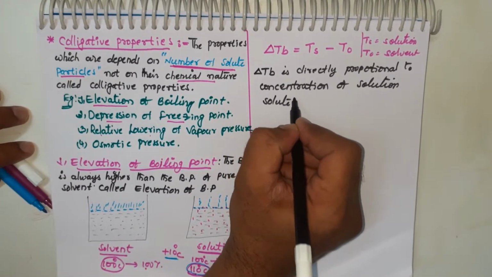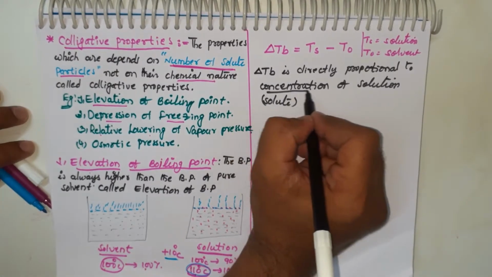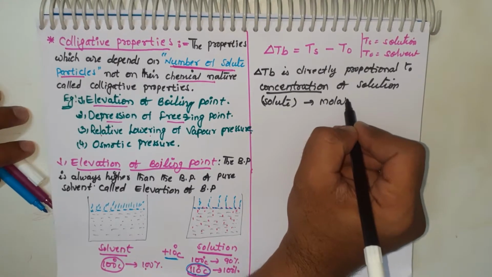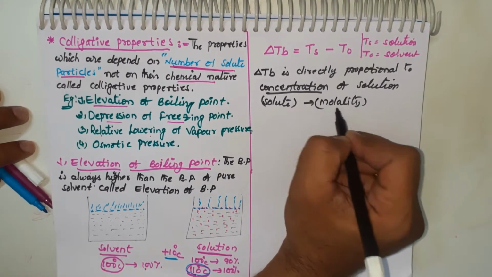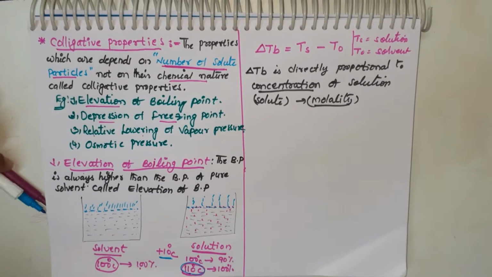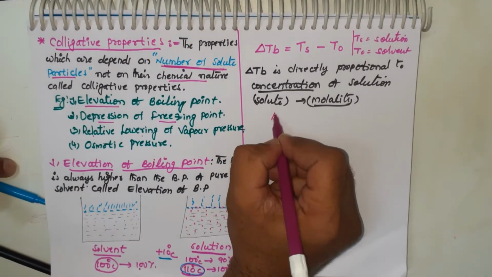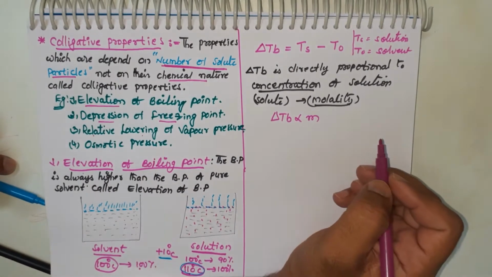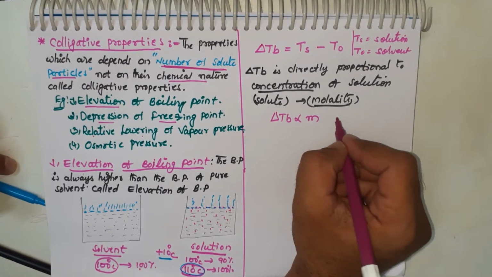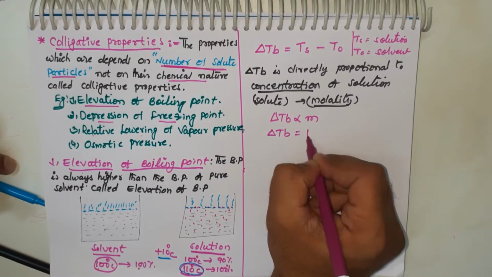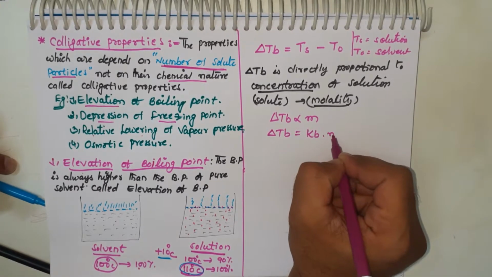So solute particles. How do we calculate concentration? Like molarity, but here we take molality. Then delta Tb is directly proportional to molality. So delta Tb is equal to Kb dot m.